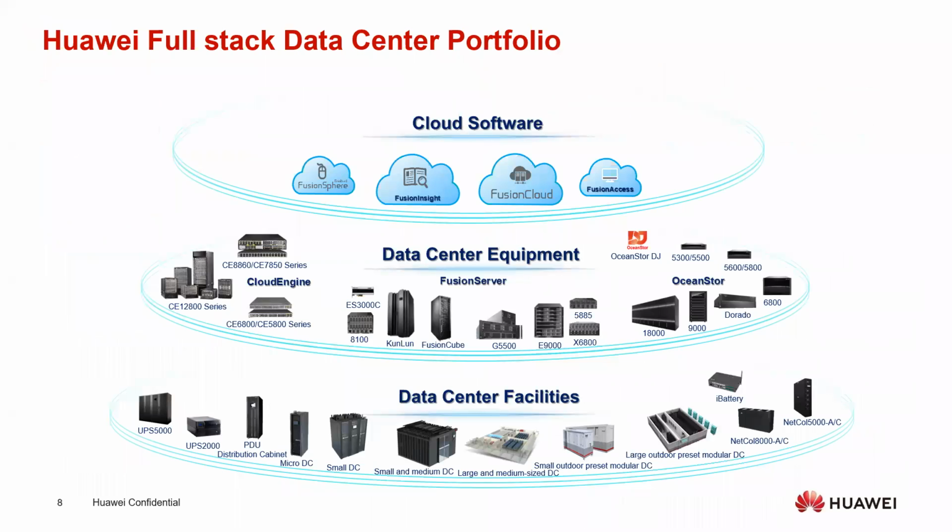By name, people might think that Huawei is a pure telecom company, but Huawei also has an enterprise segment where we have a complete range of ICT platform supply. You can see in this slide, Huawei has data center facility equipment starting from UPS, batteries, modular data centers, and micro DCs. All this is manufactured by Huawei.